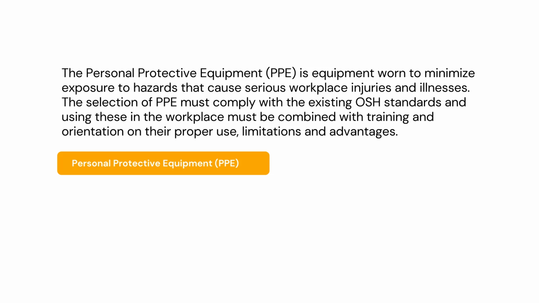The selection of PPE must comply with the existing OSH standard, and using these in the workplace must be combined with training and orientation of their proper use, limitation, and advantages. You must monitor proper usage and maintenance of PPE in order to attain satisfactory performance and properly administer the PPE program in your area of responsibility.